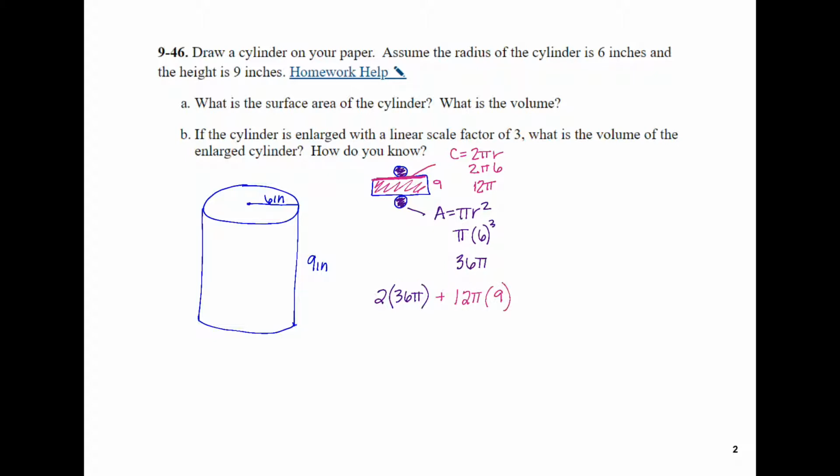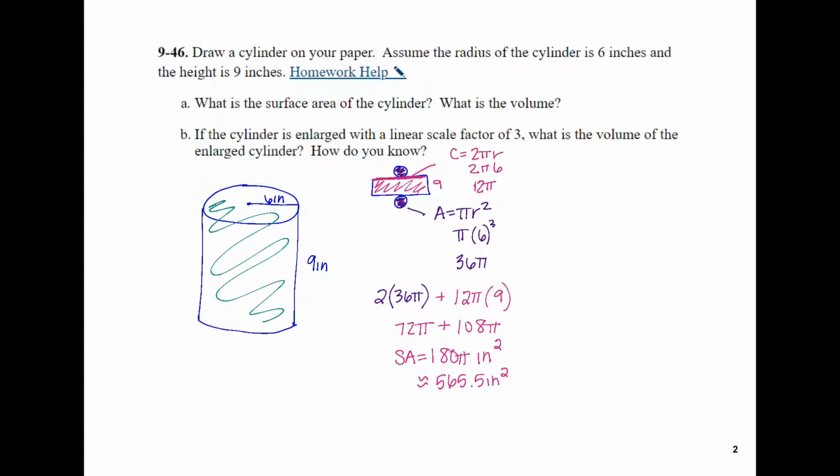If we multiply our length by our width, we get 72 pi plus 108 pi, which gives us a surface area equal to 180 pi inches squared, so that is about, if we type that in using our pi button, 565.5 inches squared.